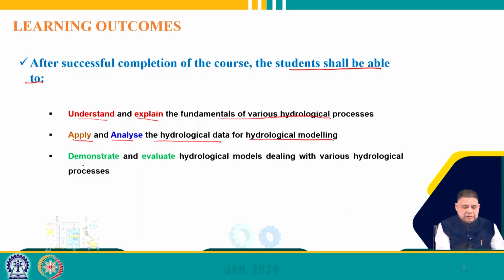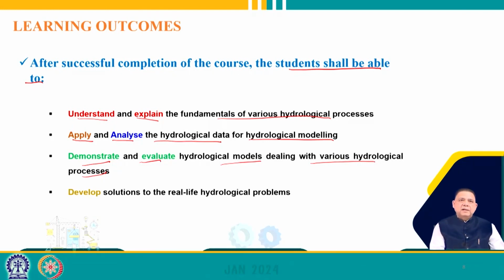They should be able to demonstrate and evaluate hydrological models dealing with various hydrological processes, and once they are able to understand, explain, apply, analyze, demonstrate and evaluate, then they will be capable of developing solutions to real life hydrological problems. So, these are the learning outcomes, and I expect that after successful completion of the course, the students shall be able to perform all these basically.